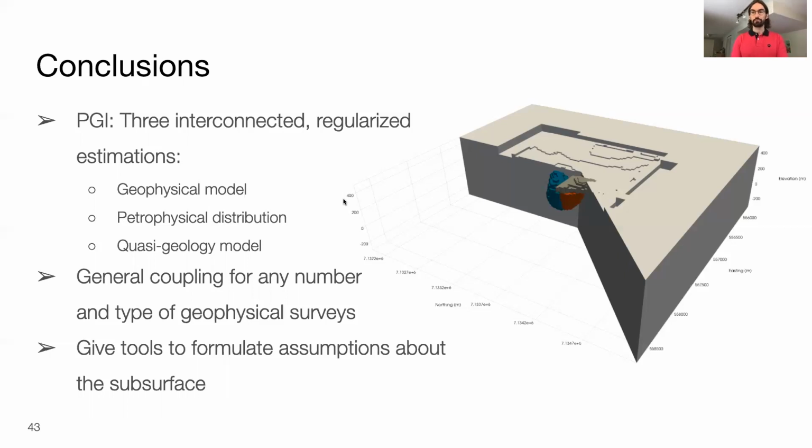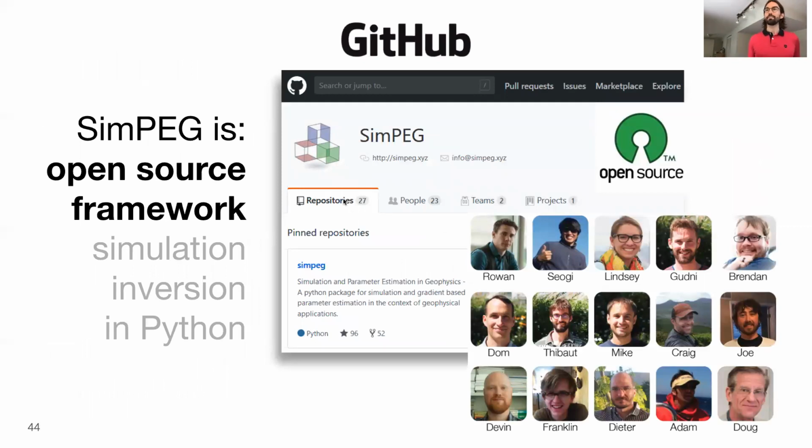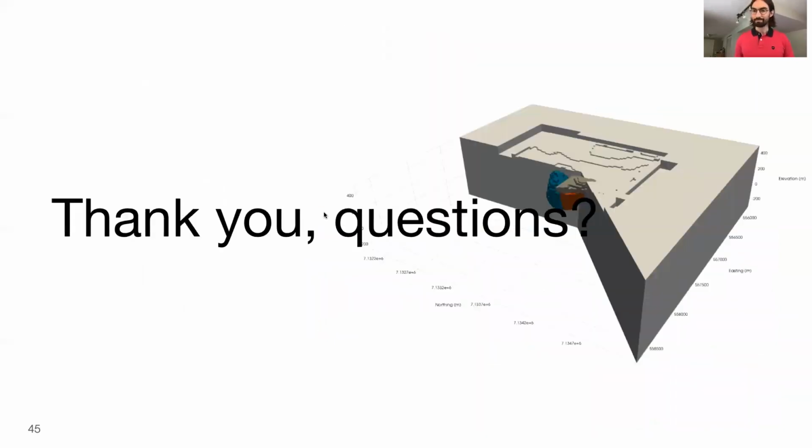And it adds quite a lot of tools to formulate assumptions that are directly related to the geological problem about the subsurface. And as a last note, I also want to thank all of the SimPEG and open source community that made this work possible. It was quite a great experience that I very much enjoyed. So thank you so much.